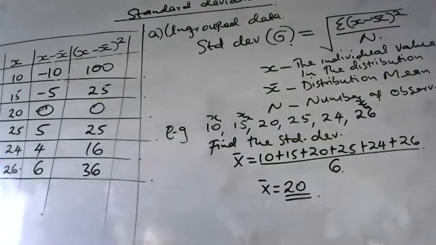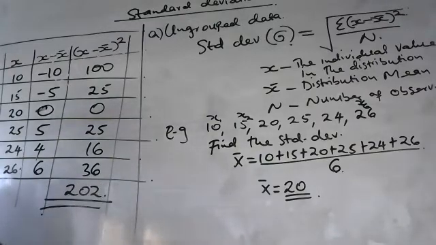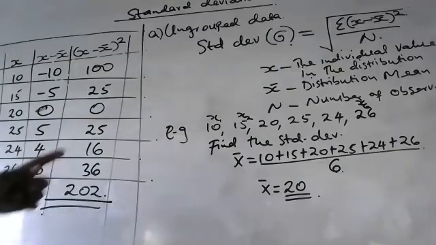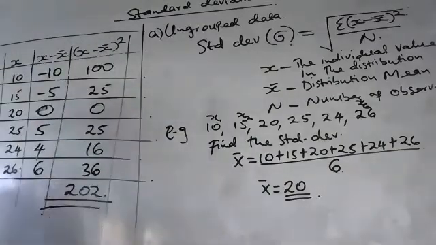This one is going to be equal to 150 plus 52, so I think it is going to be 202. That is the sum of X minus X bar squared.